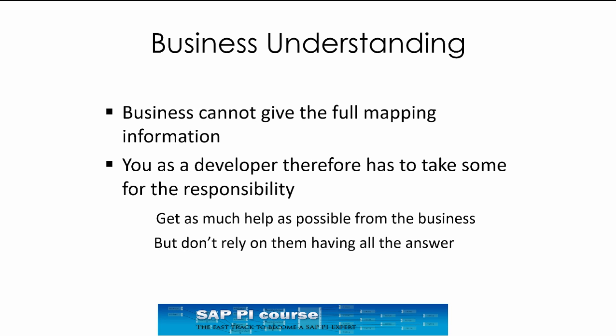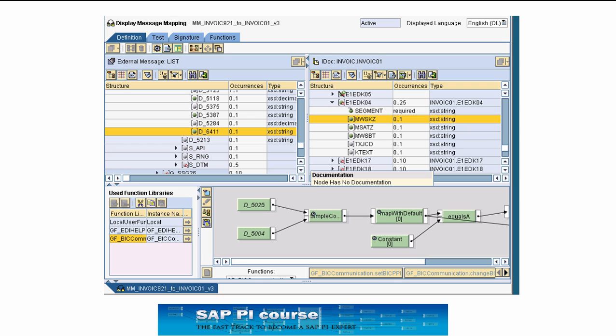Well, the business understanding is really a crucial element in this. Whenever the business maps between these two documents, they would say, okay, we got information that this field should be mapped to this field, but only in case this happens.